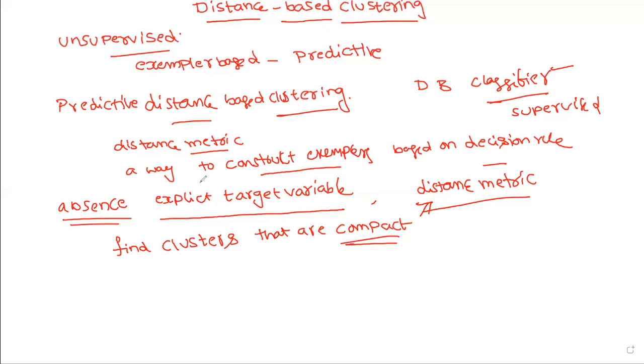In this distance-based learning concept, the first one is the predictive distance-based. For that one we will move to the first one, the k-means algorithm. So the k-means problem is an NP-complete problem.